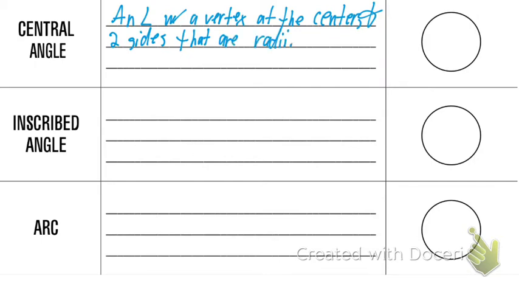So the vertex is the center of the circle, and the sides of the angle are radii. If we have our center of the circle, this radius PA, this radius PB, the central angle would be angle APB, for example, or BPA.